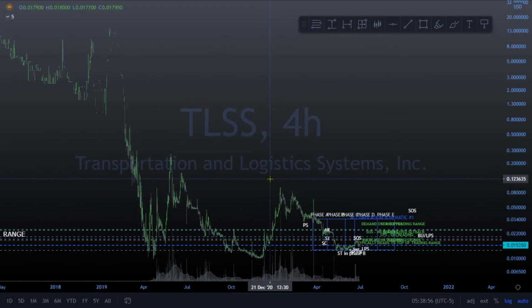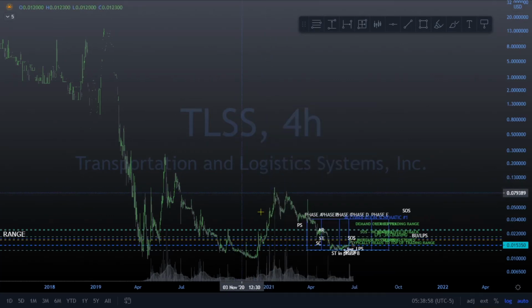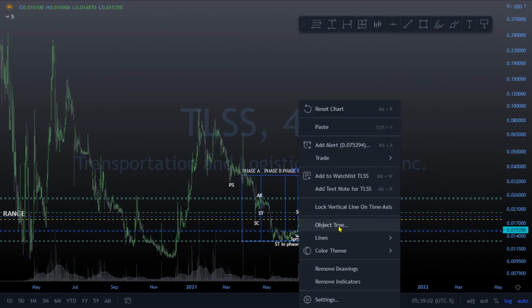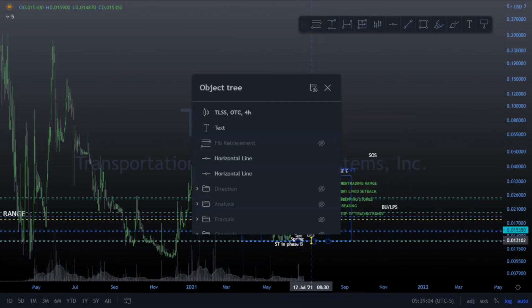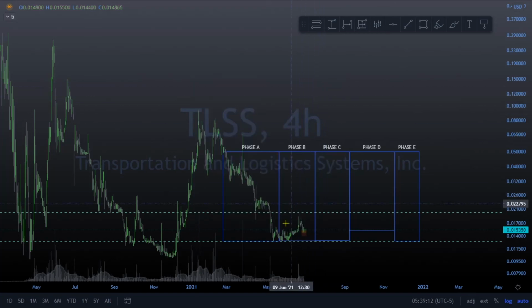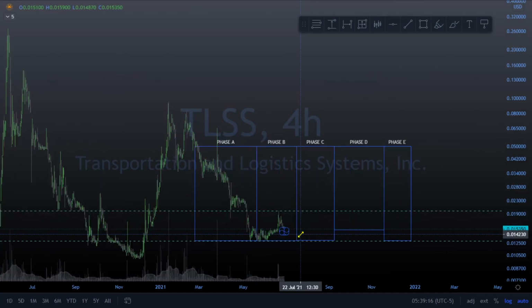With the Wyckoff, we could be as far along as phase D, but we could also be as early as close to the end of phase B. If that was the case, we would still have a spring to go. And I can show you.